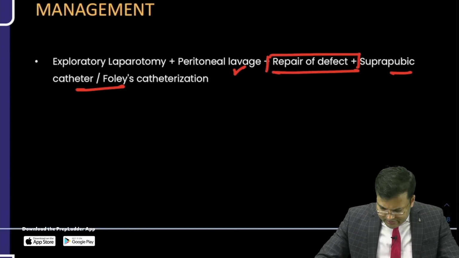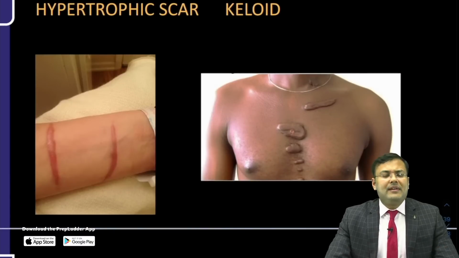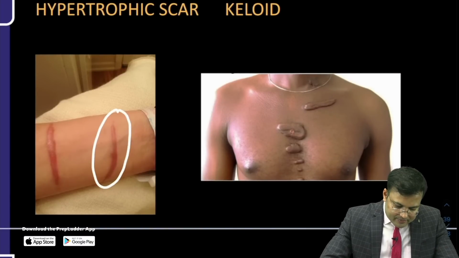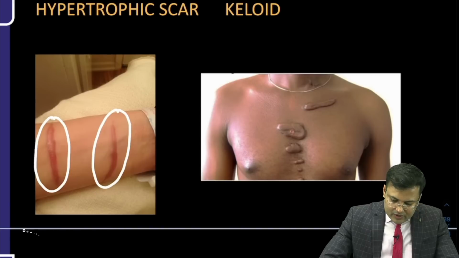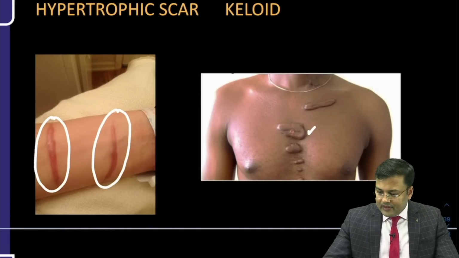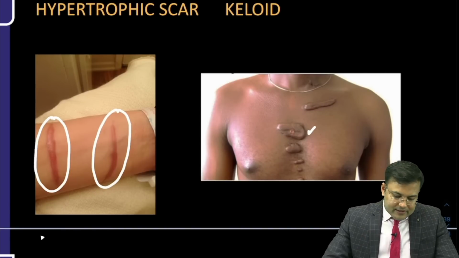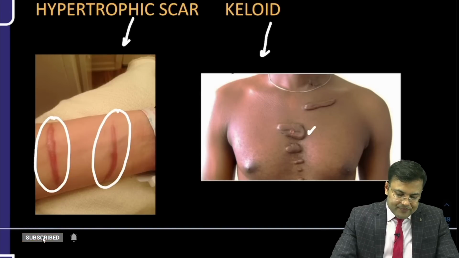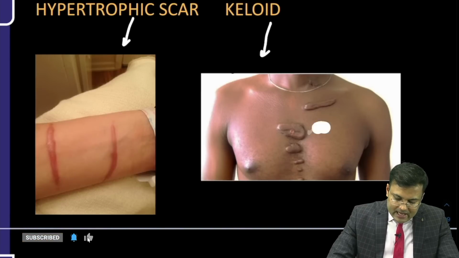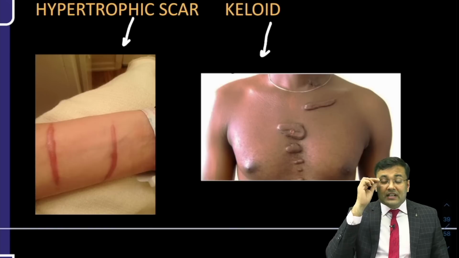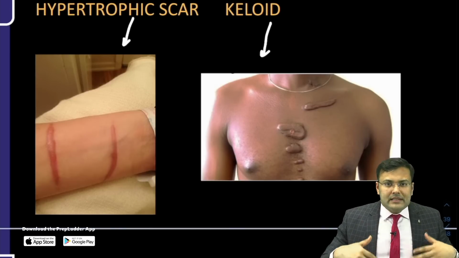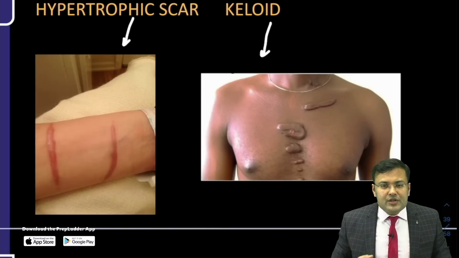Another image based question which is asked especially in FMG. Tell me, what's the name of this scar? What's the name of this one? The first one is a hypertrophic scar and this is a keloid. There is one similarity in hypertrophic scar and keloid. What's the similarity? In both there is presence of excessive scar tissue.